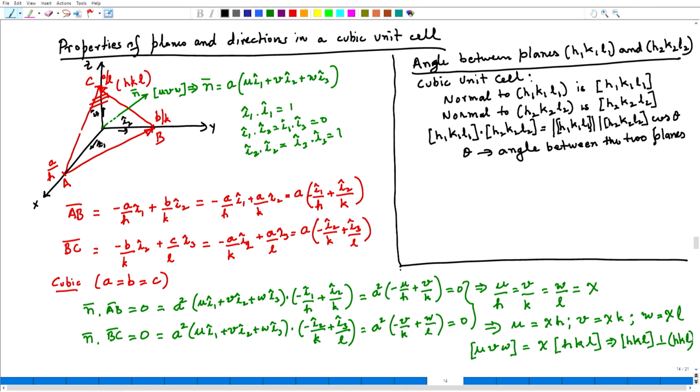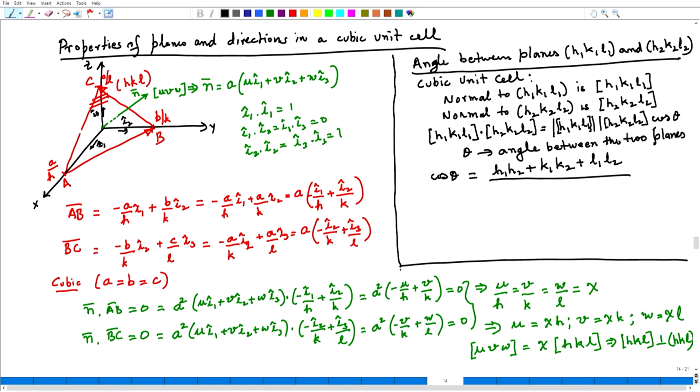So, which means that now I can write cos theta equals, take the dot product on the left hand side, and the dot product is a simple matter of H1 H2 plus K1 K2 plus L1 L2 divided by the magnitude.